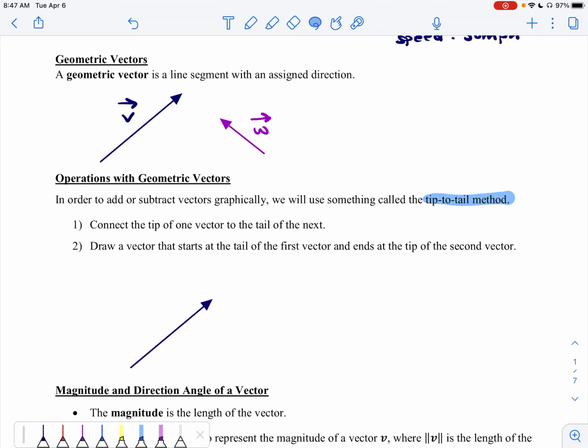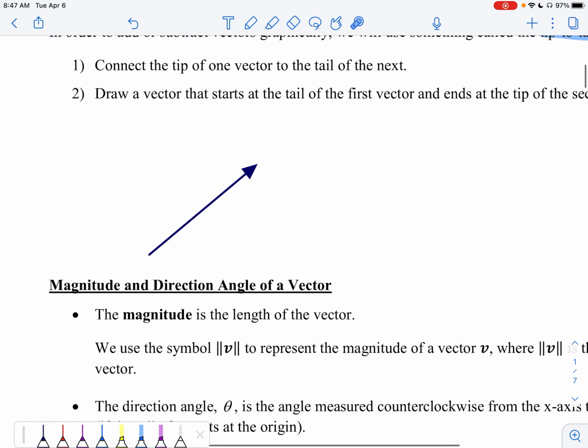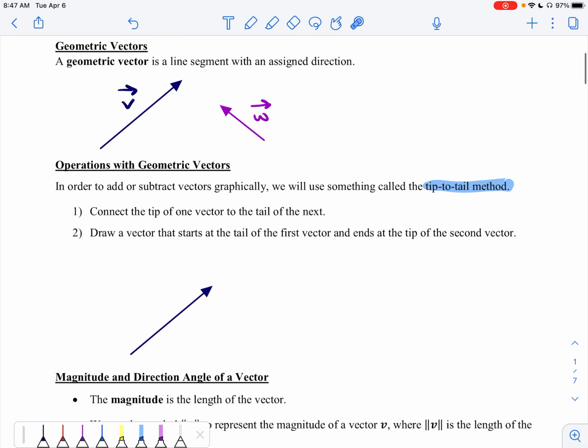When I talk about this tip-to-tail method of adding and subtracting vectors, what I mean by the tip and the tail is that the point of the vector is the tip, and the other end of the vector is the tail. So this is the tip, this is the tail. In order to add vectors together, we basically connect them tip to tail.